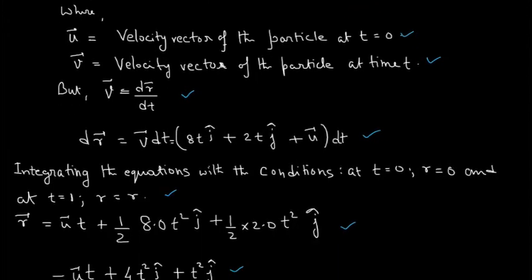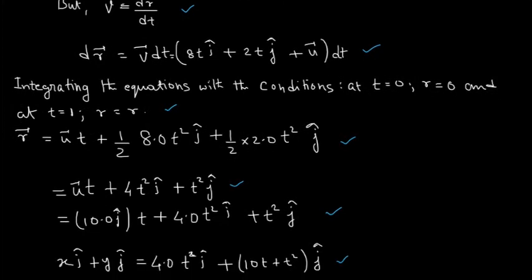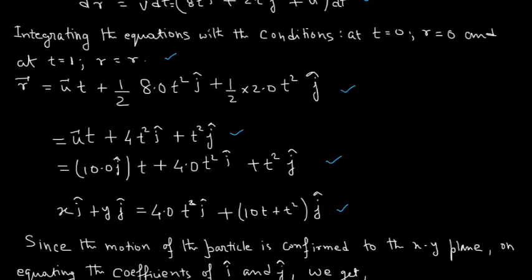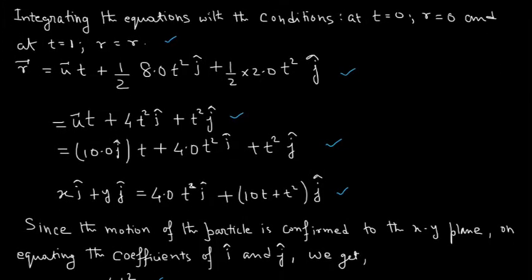Integrating the equation with the condition at t equal to 0, r is equal to 0, and at t equal to t, r is equal to r, we get r is equal to ut plus half a t square, which gives 10 j t plus half into 2 multiplied by t square j, plus 4t square i.